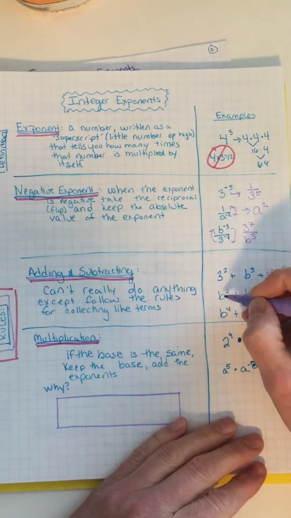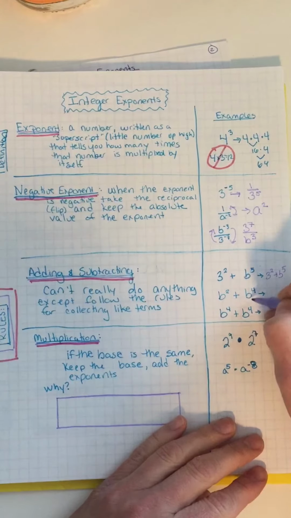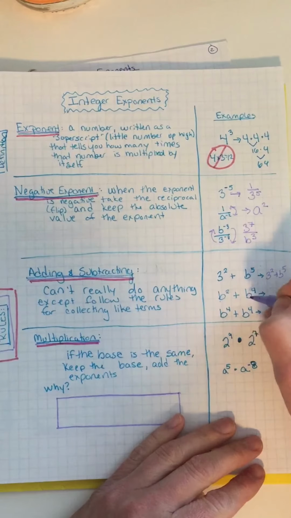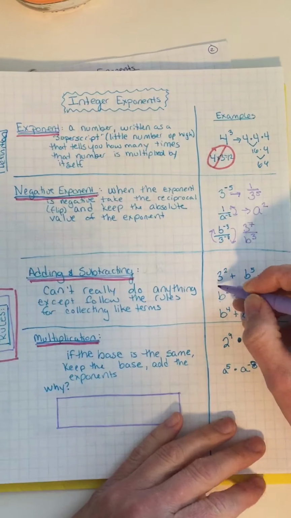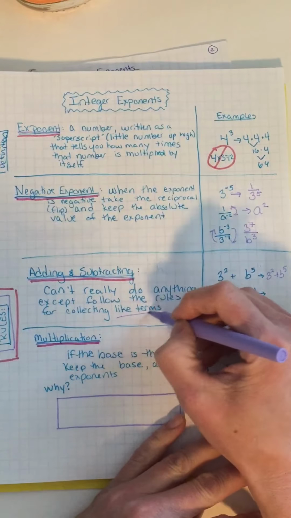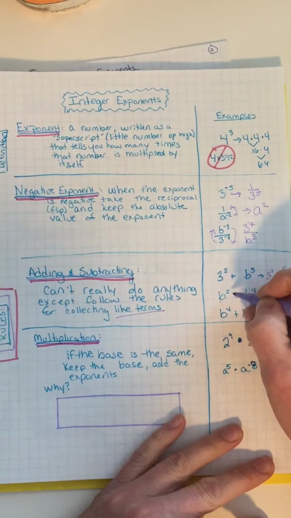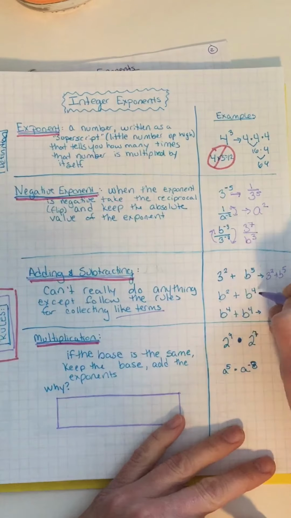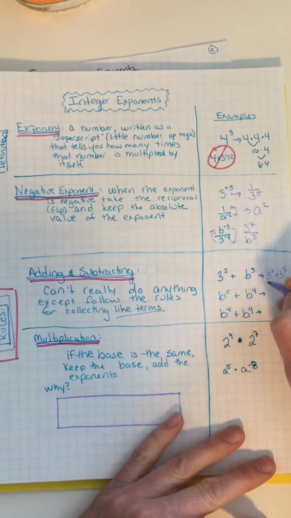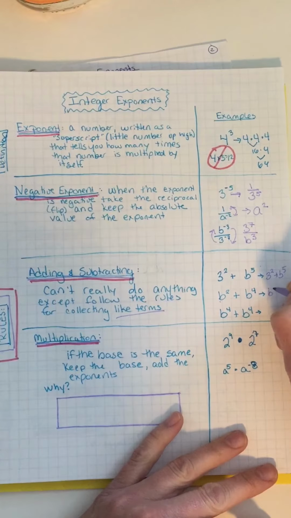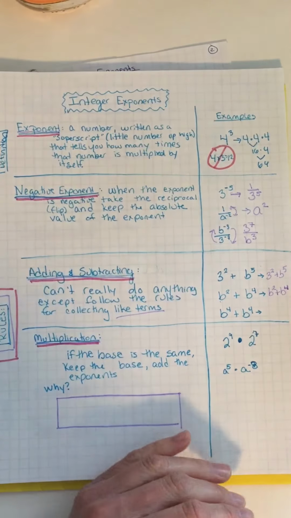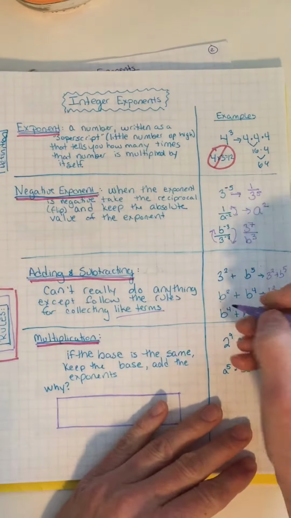Now, b squared plus b to the 4th, I might be tempted to think that I could do something with this because they're both b's, but when I'm talking about like terms, they have to have the same base and the same exponent in order for me to do anything with it. So this I also can't do anything with. That would just have to stay b squared plus b to the 4th. I can't simplify that any further without having more information.